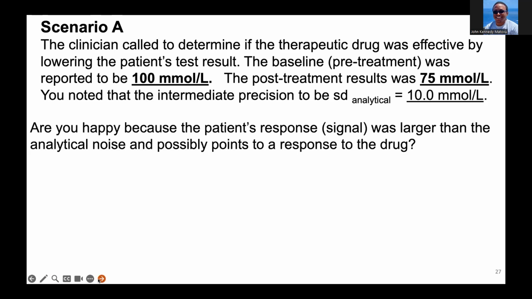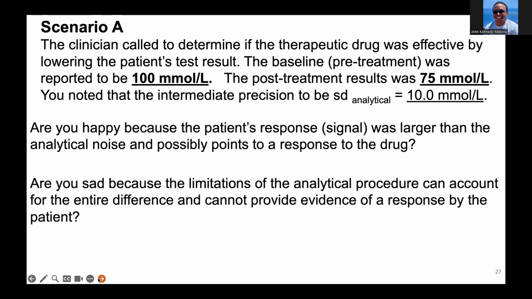Are you happy? Because the patient's response signal was larger than the analytical noise and possibly points to a response to the drug. So are you happy because we are saying that the therapeutic drug is working and the levels of that measurand are reducing?